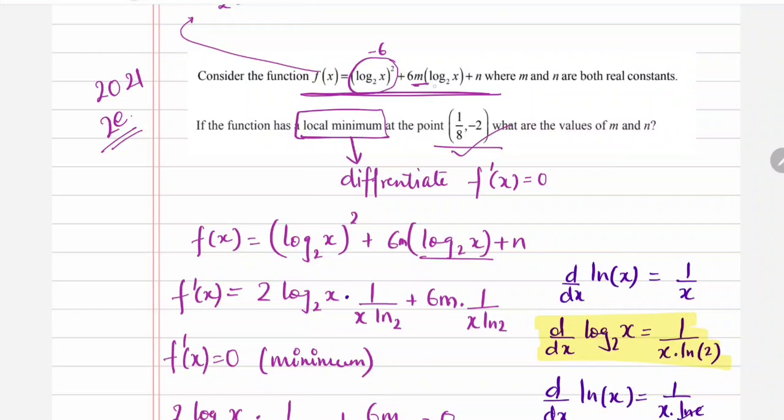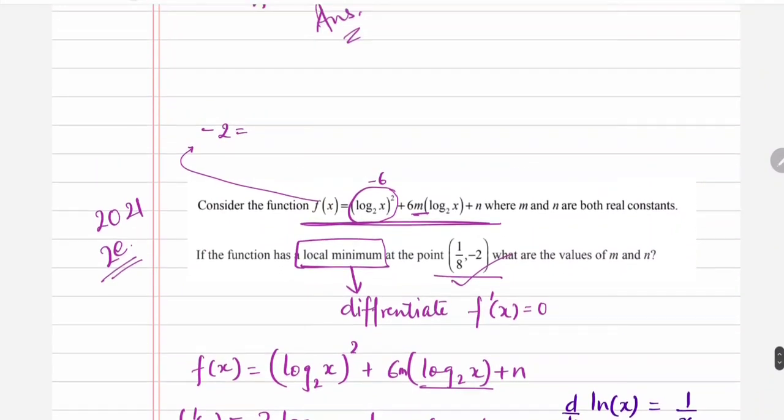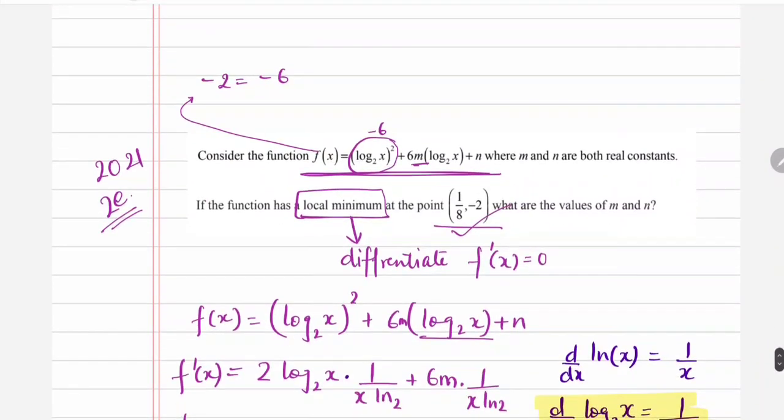And then plus 6 times m, which we have just found as 1, times log base 2 of 1/8.